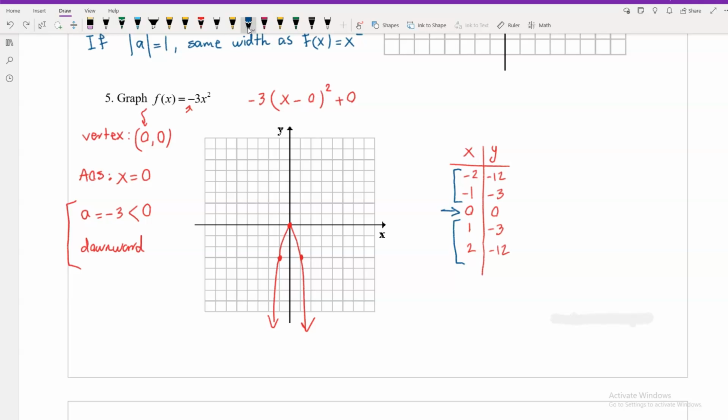You can graph it like this, but just make sure that when you plot the points, you're not going to have a straight line on this point. So this is the vertex, and our axis of symmetry is the vertical line crossing the vertex, and that is x equal to 0.